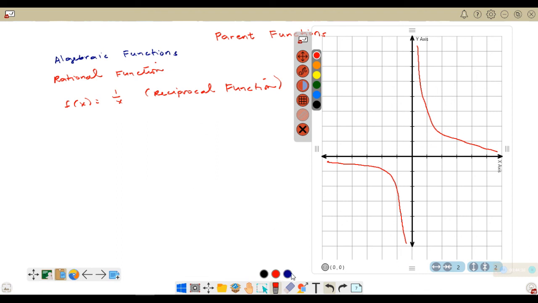Let's talk about the domain and the range. What will be the domain and the range of this function? So for the domain, we have, possible ba i-substitute lahat?